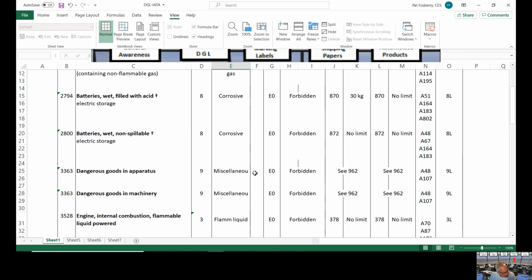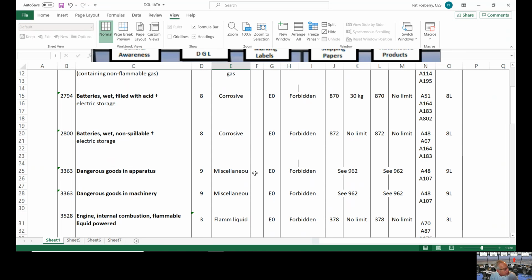It tells you about what it is and what is required, and where to go for compatibility, and then it goes into the detail of what if your apparatus contains more than one dangerous good. What are you supposed to do with that?